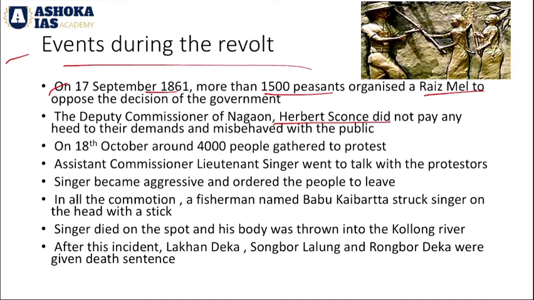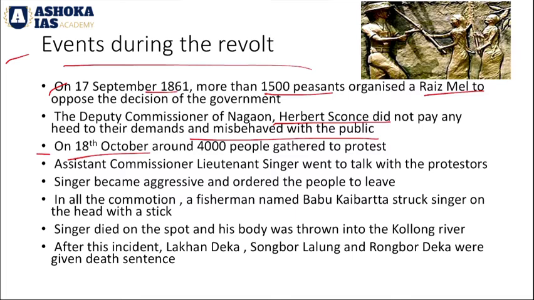He made no efforts to hear about the sufferings of the peasants, and he misbehaved with the public. So, after 1 month, on 18 October, we see the number of people increases.